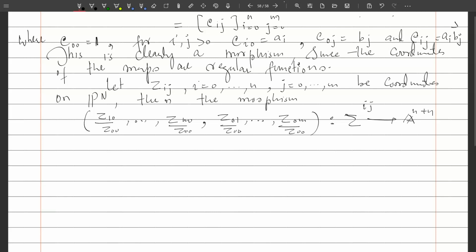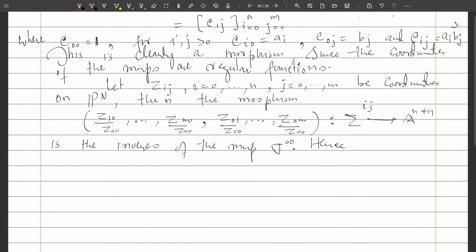So this is a morphism, and of course this is the inverse of the map sigma 00.